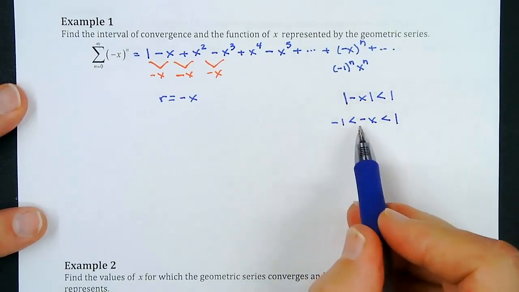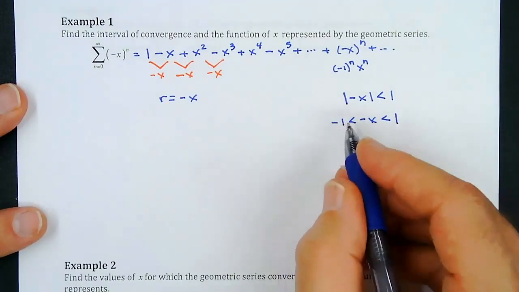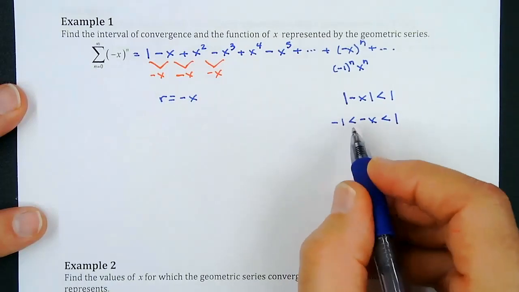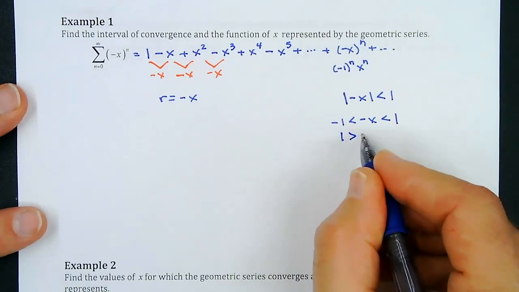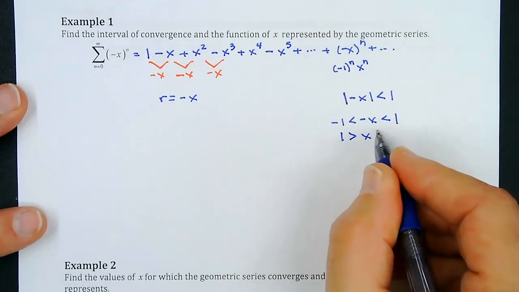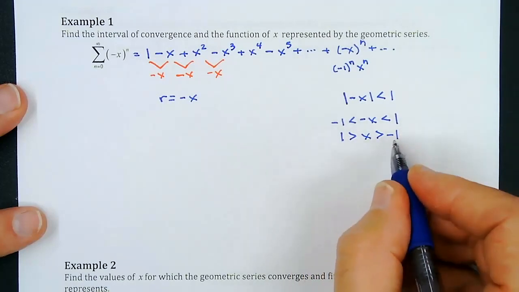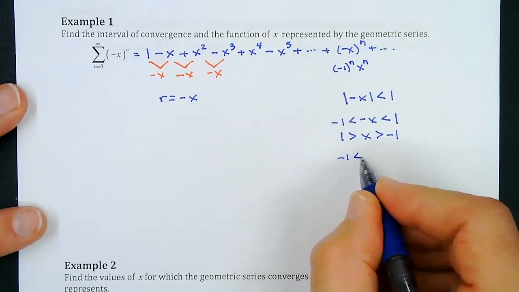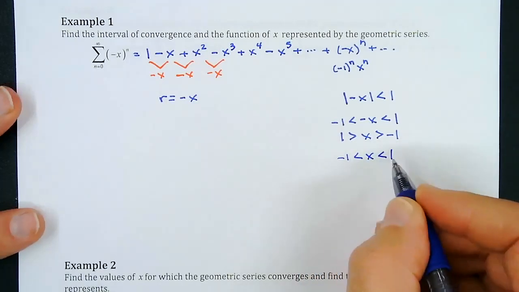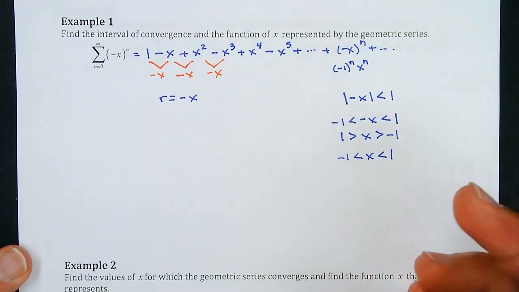Then I could multiply left, middle, and right by negative 1. When that happens, the direction of the inequalities changes. So this is going to be 1 is greater than x, which is greater than negative 1. Or a better way of saying this is negative 1 is less than x is less than 1. Which means our interval of convergence is negative 1 to 1.